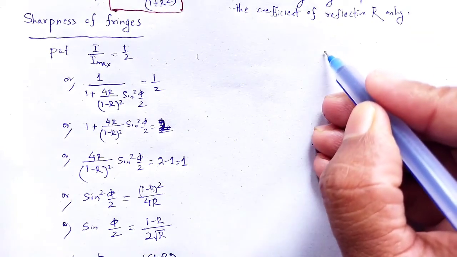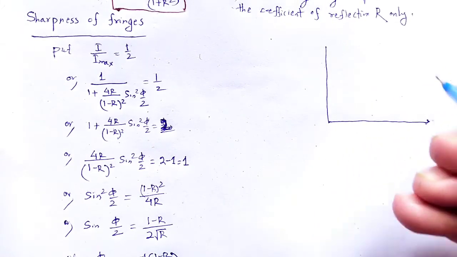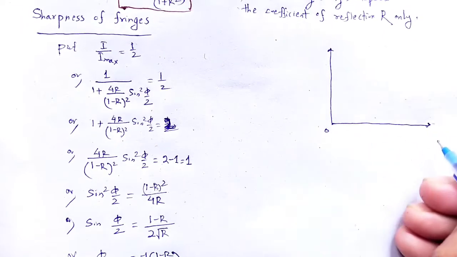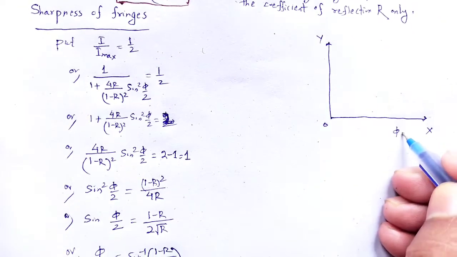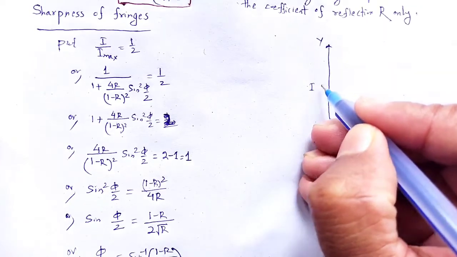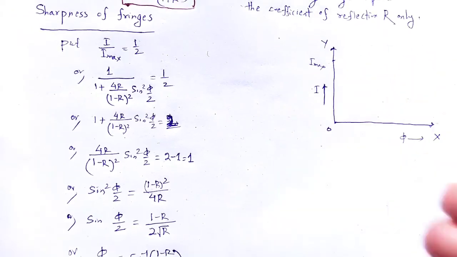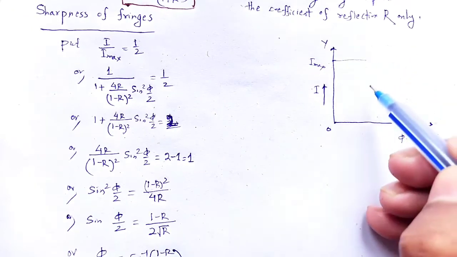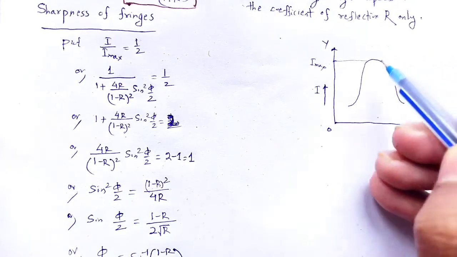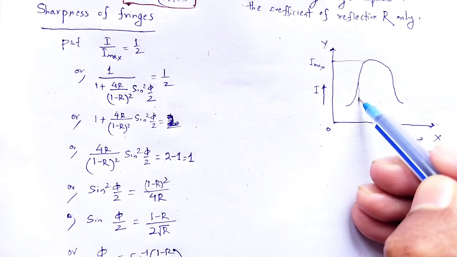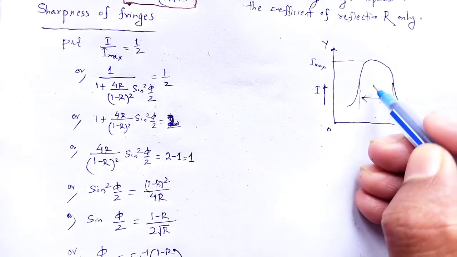Let me draw the graph between x, y. Here the phase angle phi, y-axis intensity. Let I max be here. That is the half width.